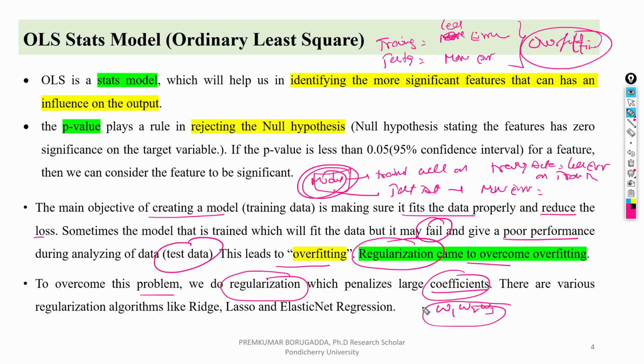If the coefficient values are large, we have to penalize them, and that way we reduce the error. For this penalization we apply regularization algorithms like ridge regression, lasso regression, and elastic net regression. By applying these regularization algorithms, you can overcome the overfitting problem.